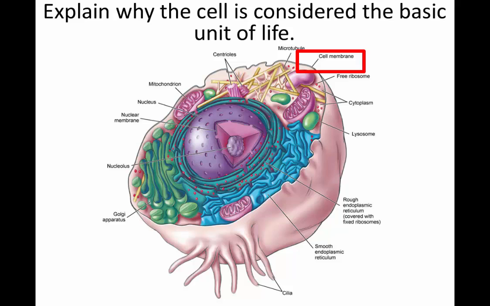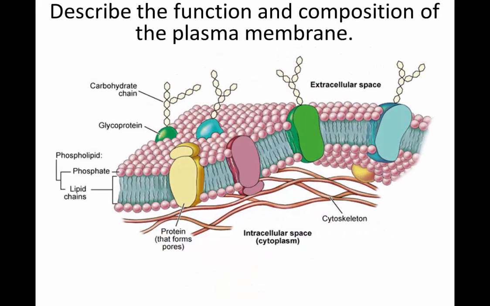So let's start by looking at the cell membrane, the outer portion of the cell. If we were to zoom in on the plasma membrane, this membrane that makes up the outer portion of the cell, we would see, as we see in this image here, a number of chemicals that are involved. We have carbohydrates, we have proteins, we have phospholipids.